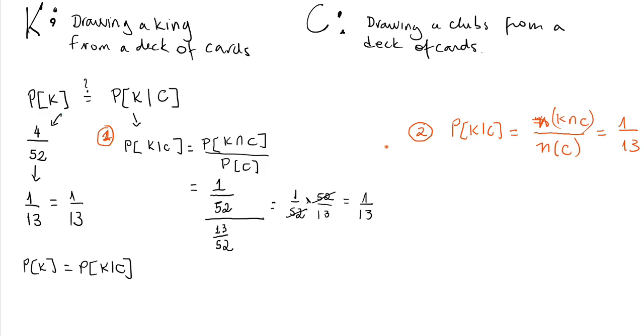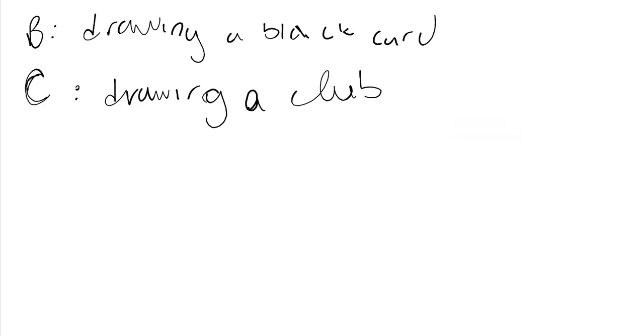Now I'll give you a counterexample where the events are not independent. They kind of depend on each other. So here is the other example. Let's take B as drawing a black card and C as drawing a club from this deck of cards.